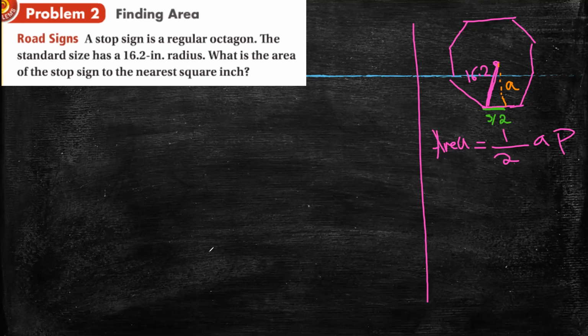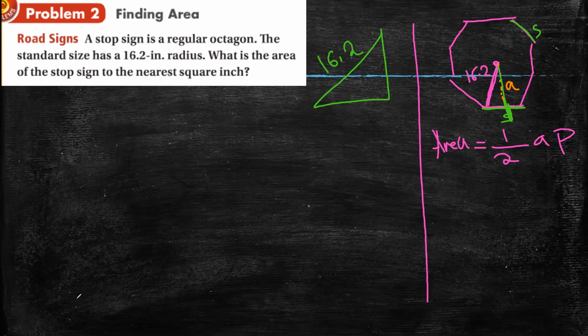Why side over 2? Because we said this big one is s, but I don't need s. I need only half of s, which is s over 2. So my triangle now has 16.2 here.